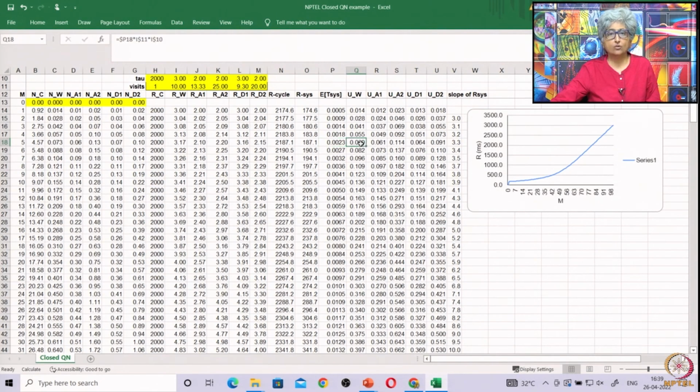Utilizations are going to be the node throughput multiplied by the service times. You take the system throughput from column P, multiply it by the visits from this 11, and then multiply it by the service time. So you get the node throughput multiplied by the service times, and that is what happens for each node.